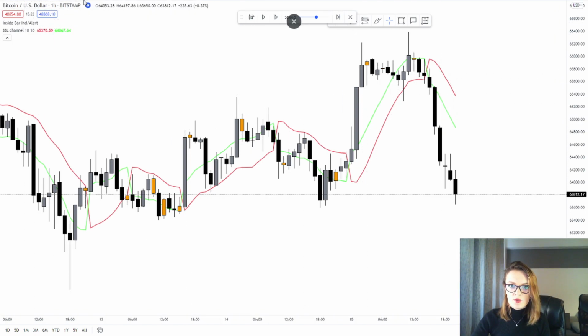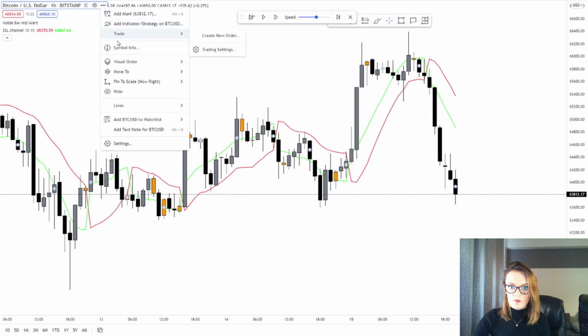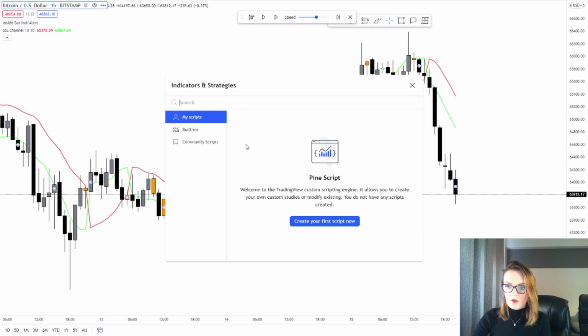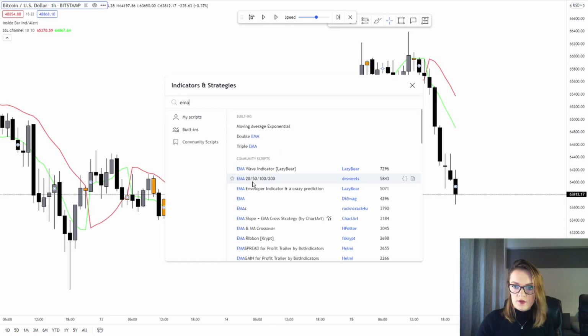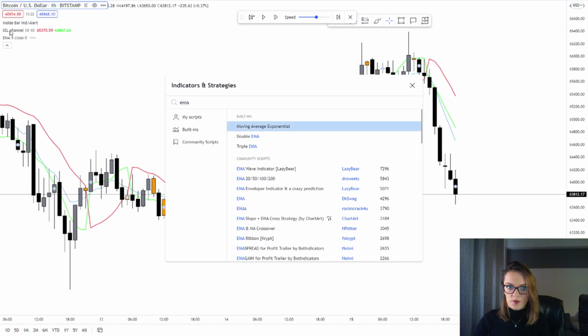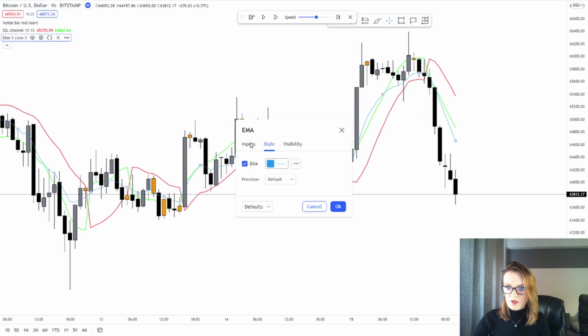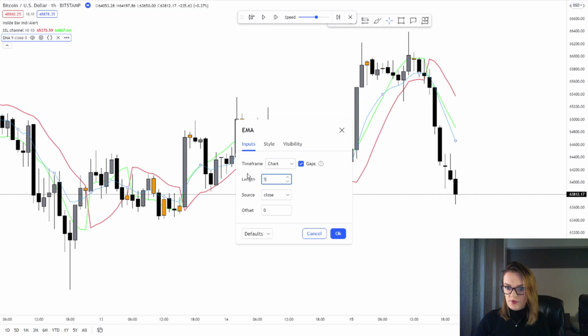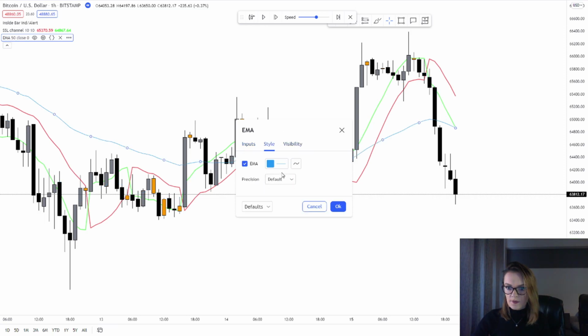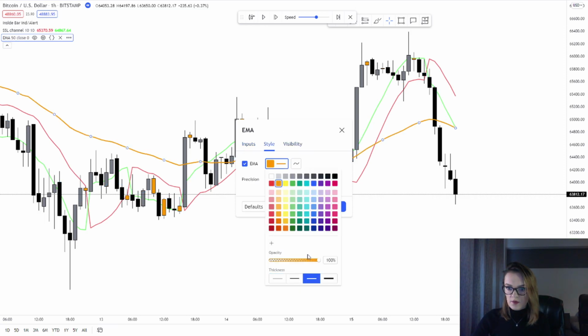And I will also add the 50 EMA, and I will set the defaults.